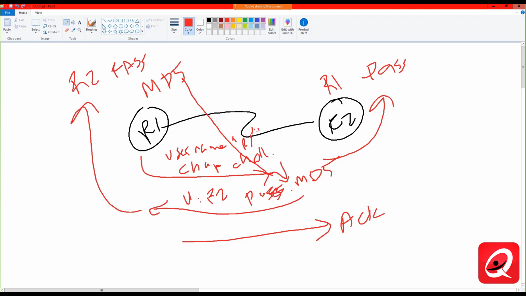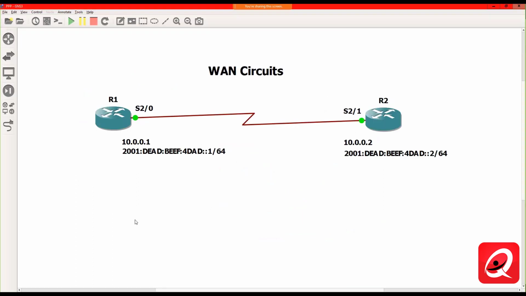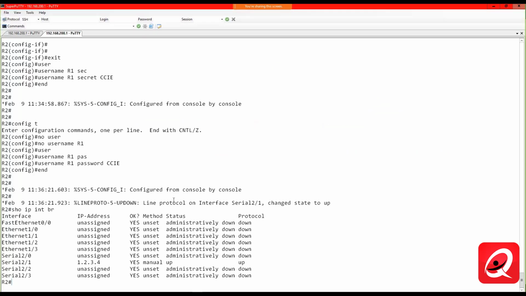All right. Now you can configure it on the interface like I did originally, or you can have different authentication for different users. So for example, let's say in my topology here, I had another router, maybe R3, that was connected to a different serial interface on R2. I can have different usernames to indicate that authentication.